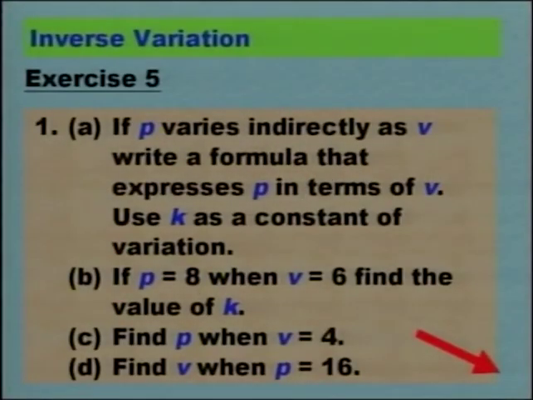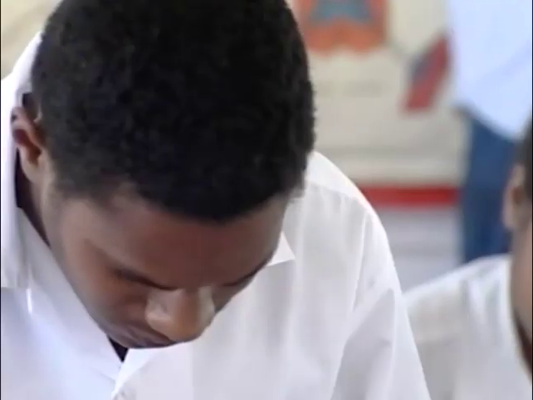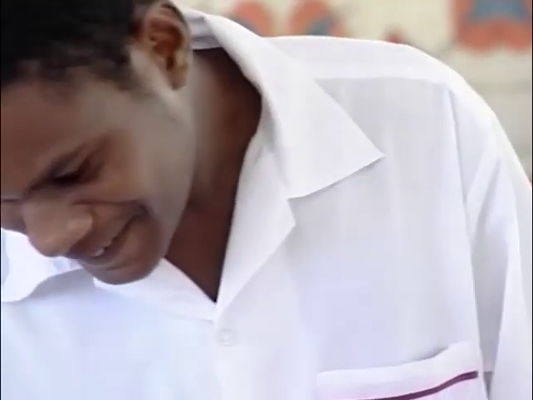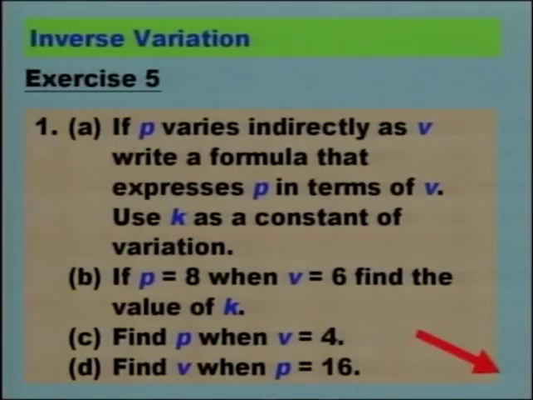K equals 48. And Peter, C? P equals 12. P equals 12 is correct. And Andrew for letter D? V is equal to 3. V equals 3.